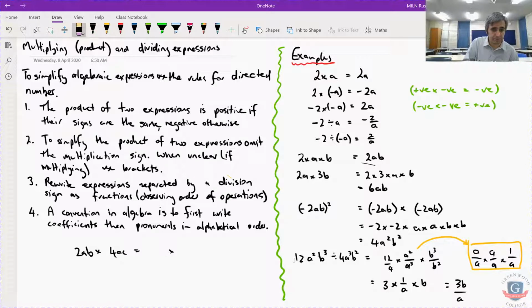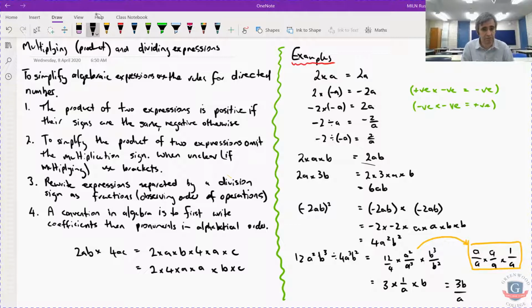let's do it in 2 steps so you can see what I mean. 2 times a times b times 4 times a times c, that's just expanding it out. Now, because multiplication is commutative, I can change the order for everything that I'm multiplying. 2 times 4 times a times b times c.